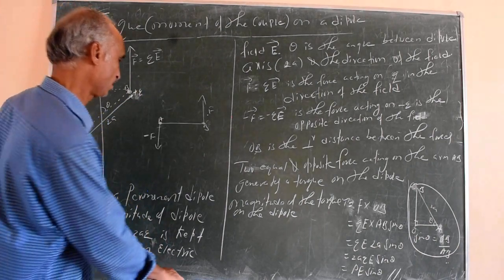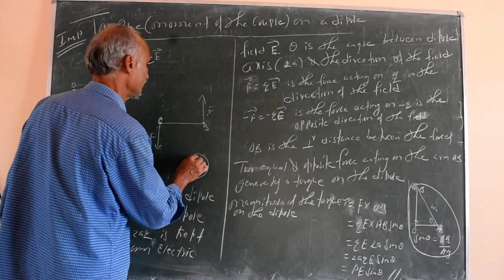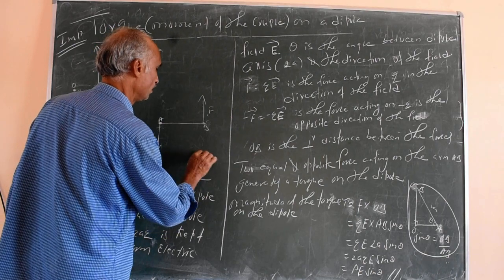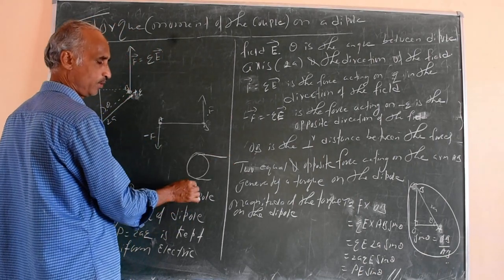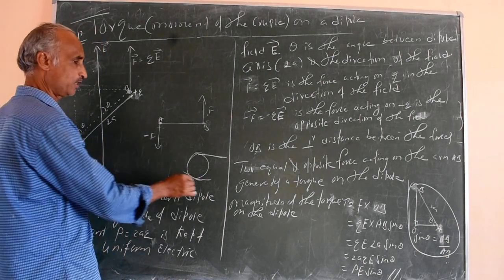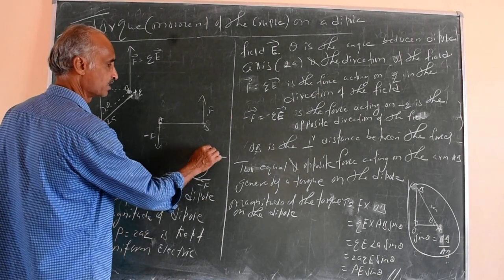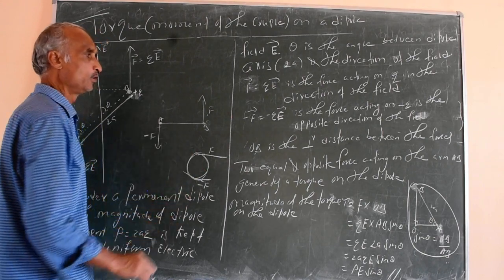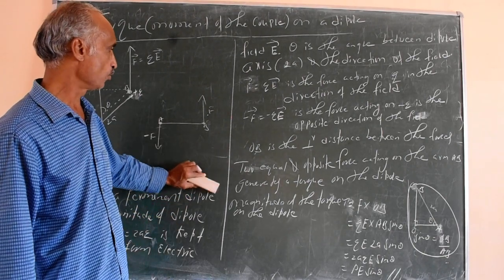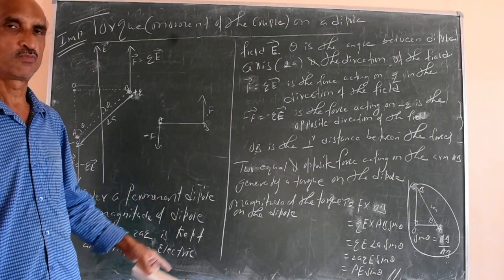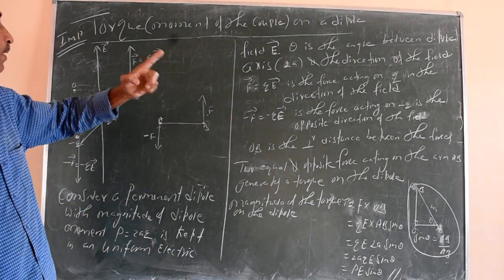Or the best example is the rotation of a flywheel by a belt. One belt is dragging in the forward direction, one is pushing in the backward direction. Two equal forces, minus F and F, rotate the body. Due to the torque, the body will be rotated. So this is torque due to a couple.